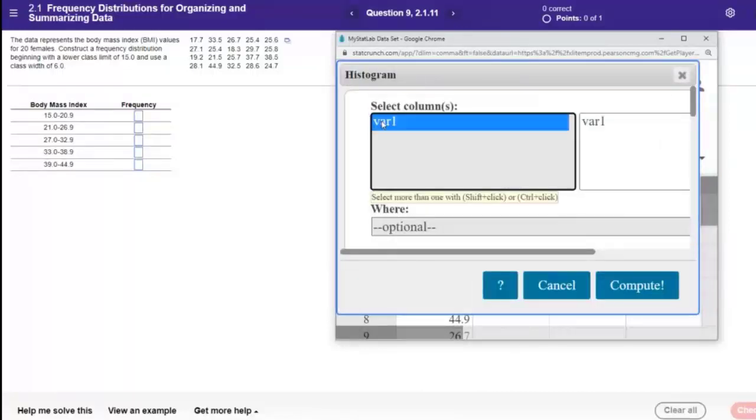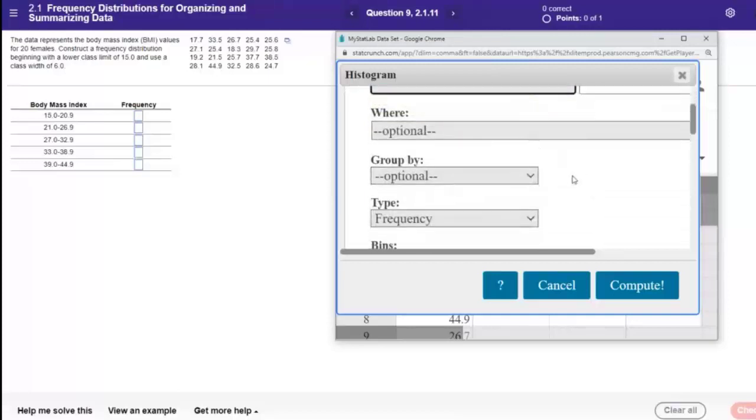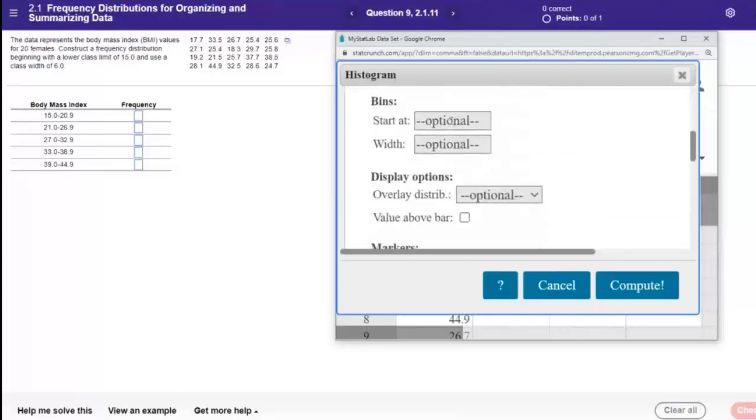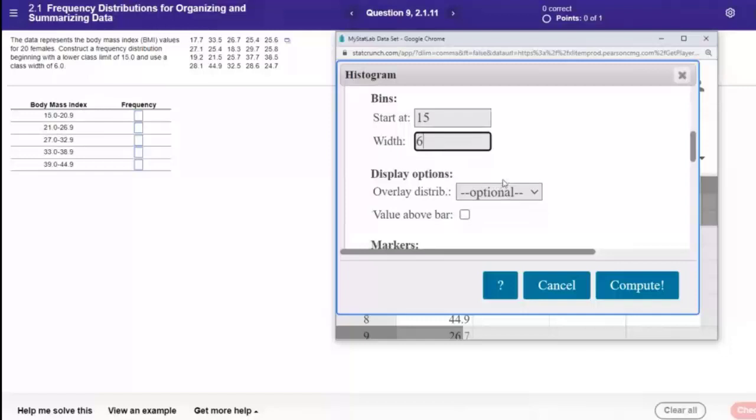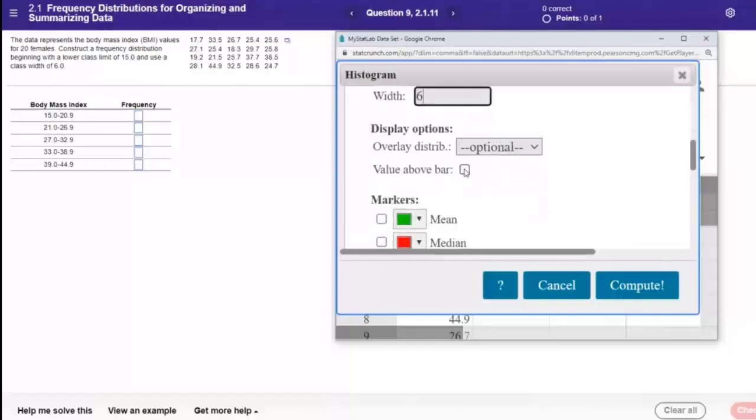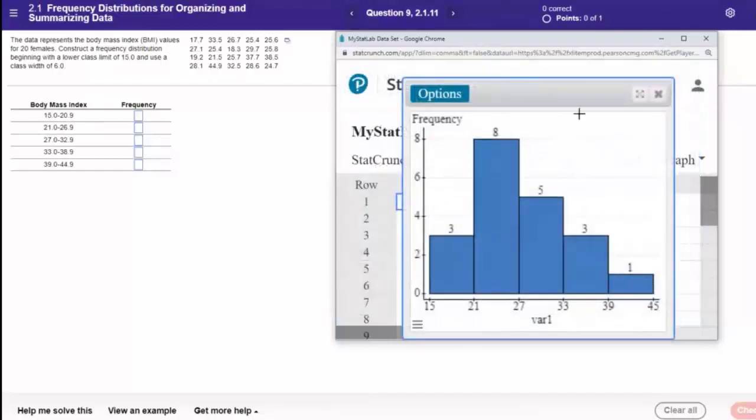I want it to take the only column it's got, so I had to click that. And then down here at bins, I'm going to use those classes that are over there. I can see that it starts at 15, and that the class width, well, from 15 to 21 is 6. And then I can also tell it to put the values there for me. Then I'm going to click compute, and bam.